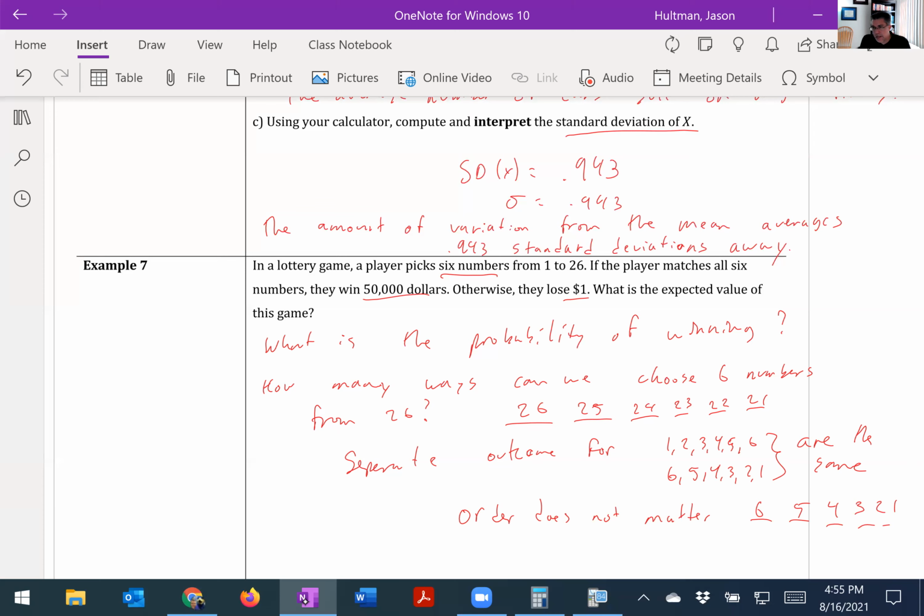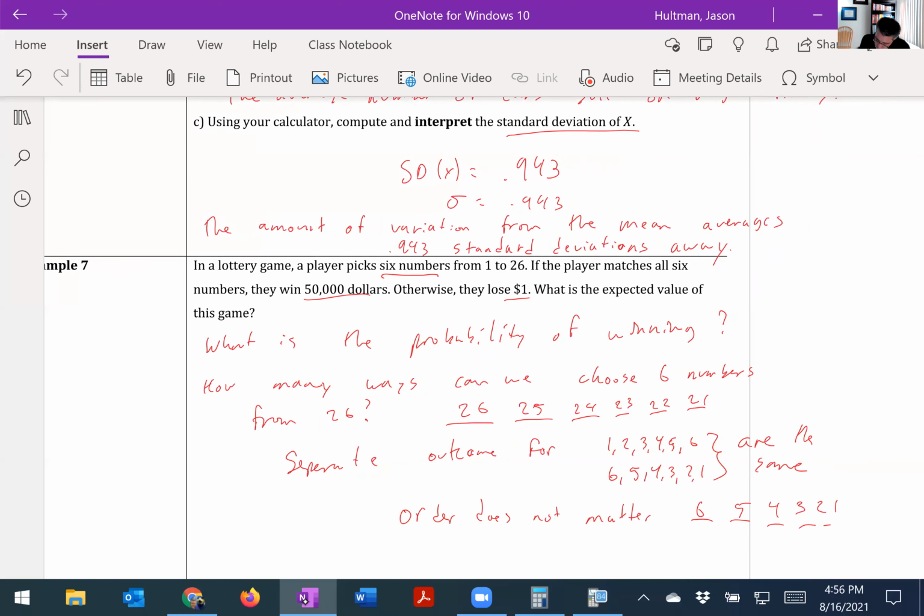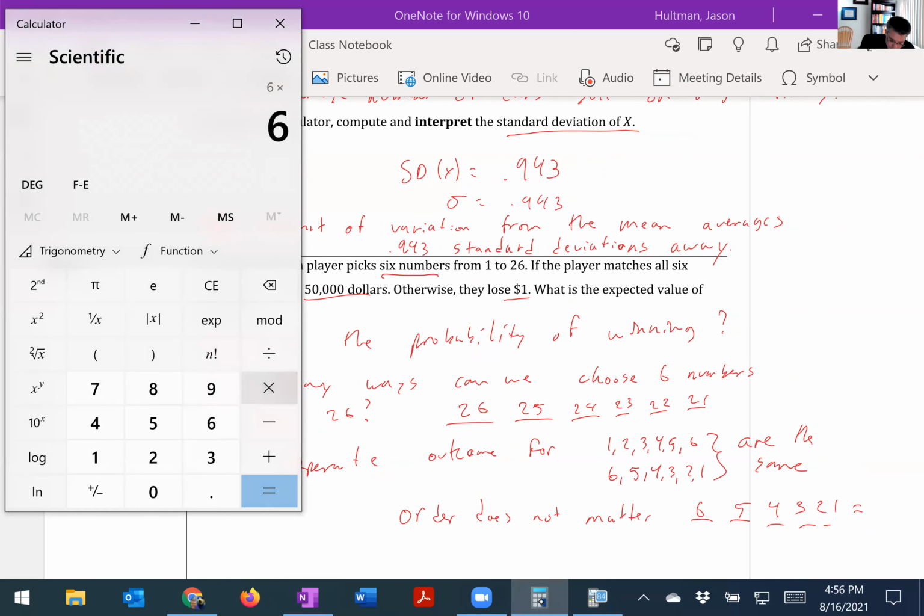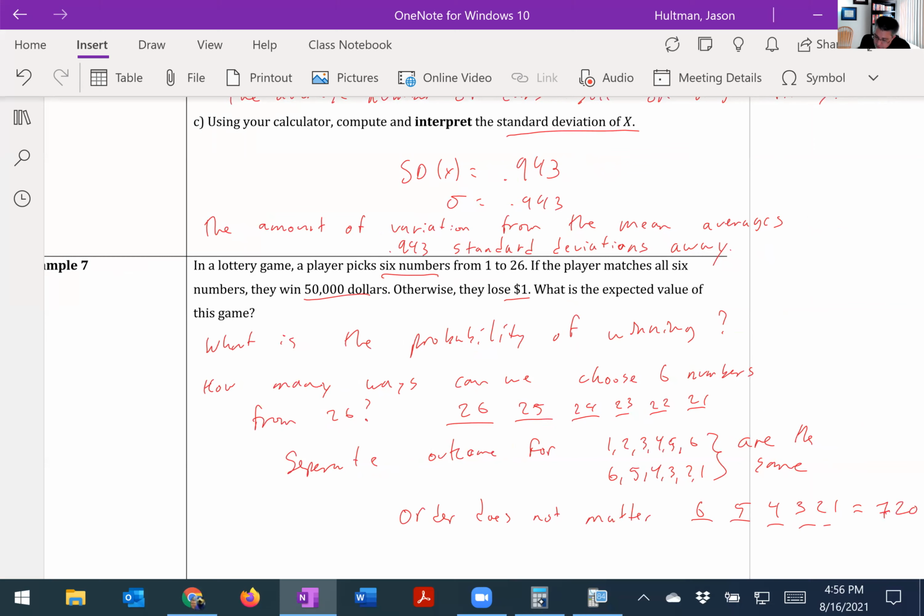So what I'm saying is that I have to divide off all of these permutations, or different arrangements, from what I got for the 26. 6 times 5 times 4 times 3 times 2 times 1 is called 6 factorial, and that ends up being 720. So there are 720 different ways that I could rearrange 6 numbers.